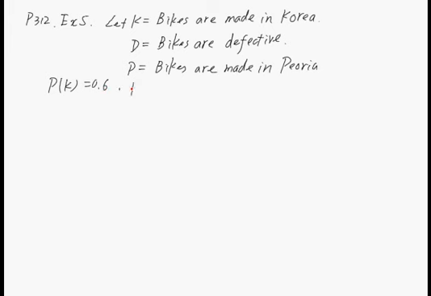Then what is P of P? Definitely this is equal to 1 minus P of K. Right, so it's equal to 0.4. 40% of bikes are made in the other plant.